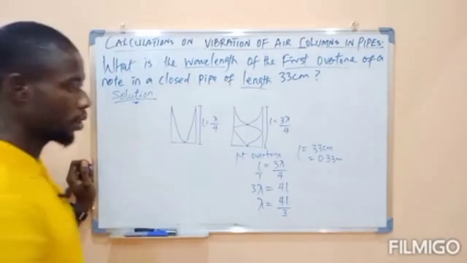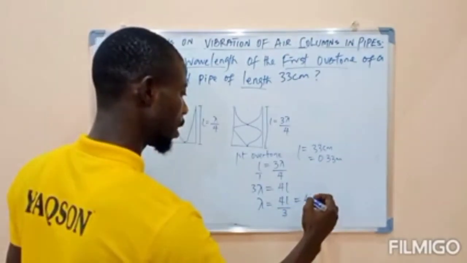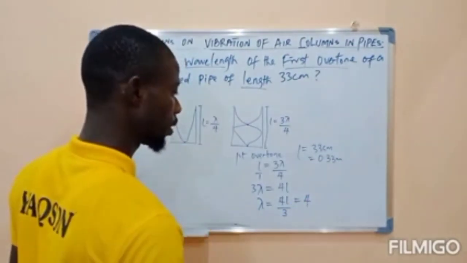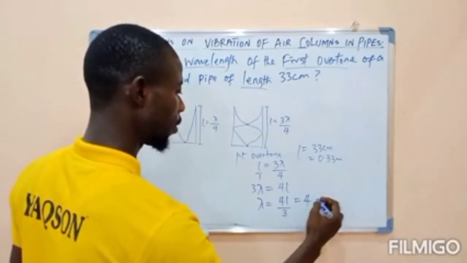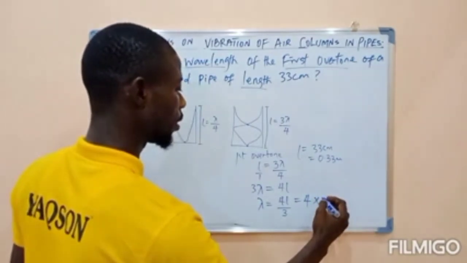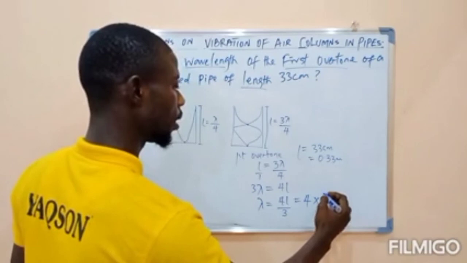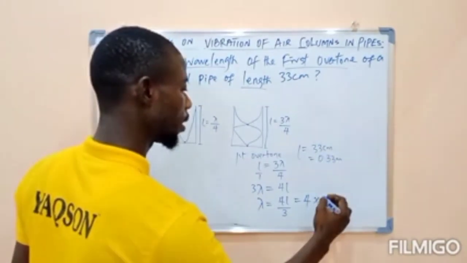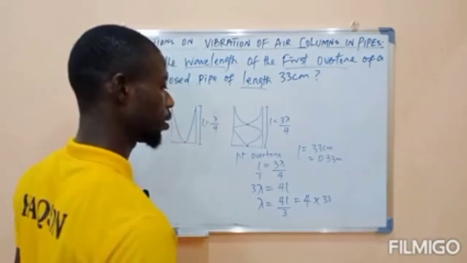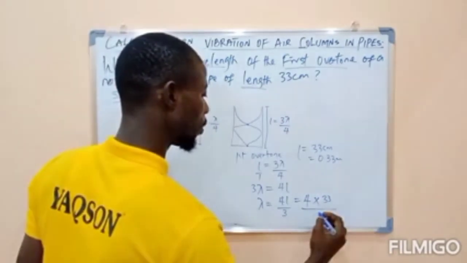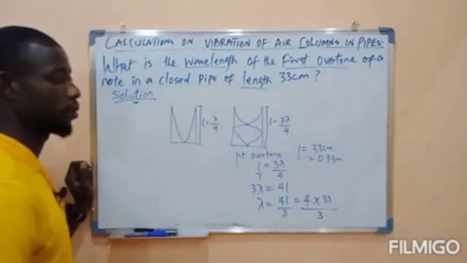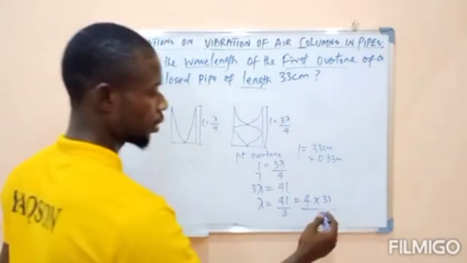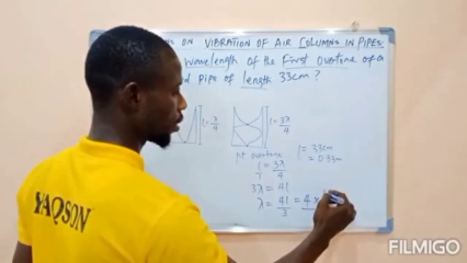The next thing is to put the value. I have 4 multiplied by length, let me work in centimeter, 33 centimeter all over 3. Is that clear? So 3 in 33 gives us 11.